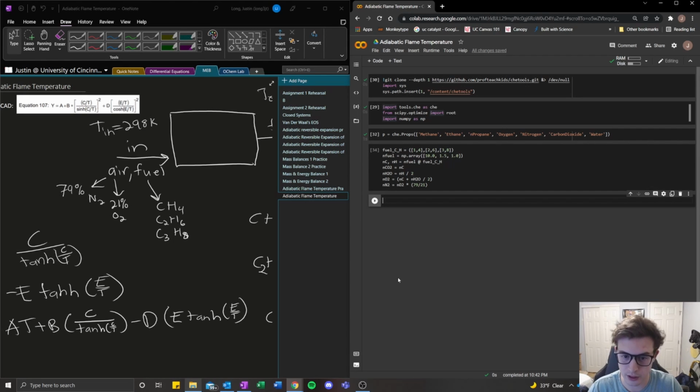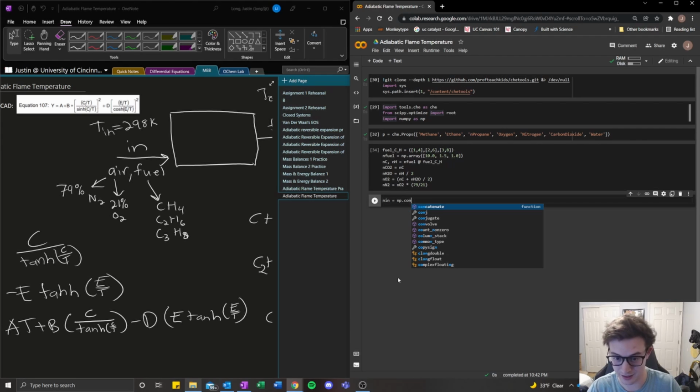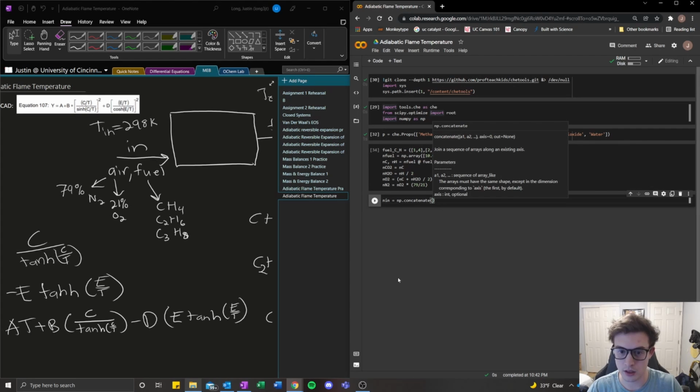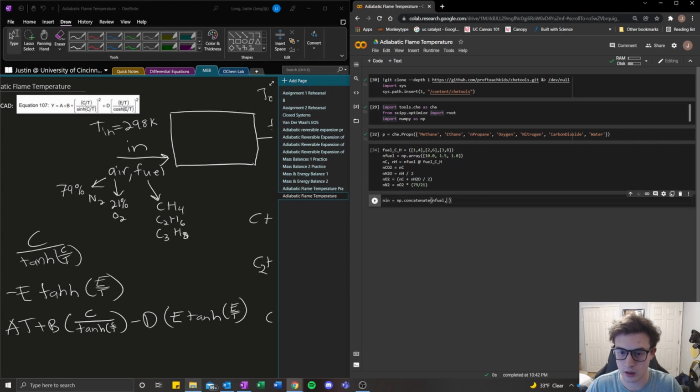So we want to figure out the total number of moles that we have going in, and we're going to do that by concatenating the number of moles of fuel that we have with the numpy array, with the array.